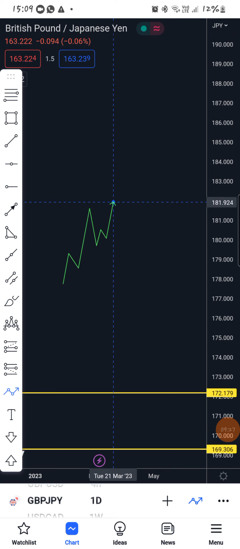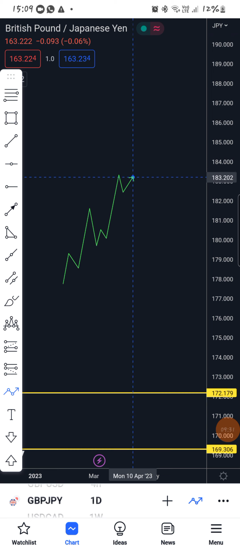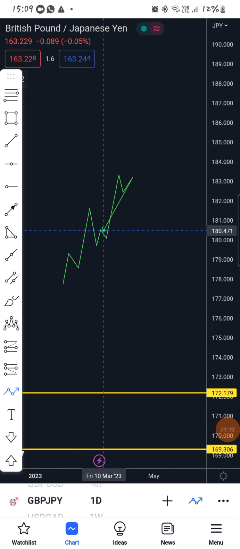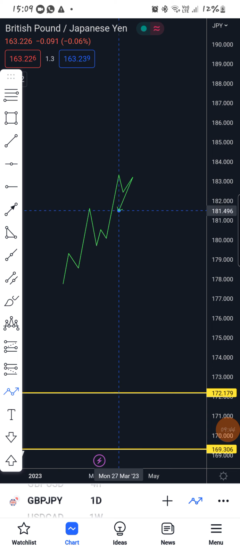I'm just trying to create something where it breaks, comes back like that, and then eventually the market, in most cases, respects coming back to this area rather than this area here.